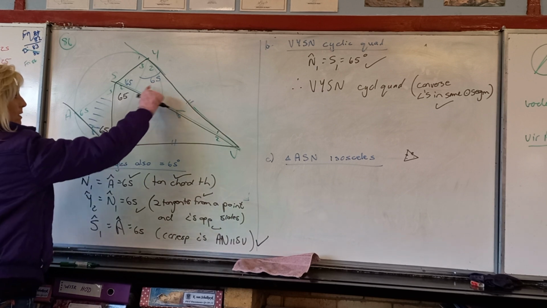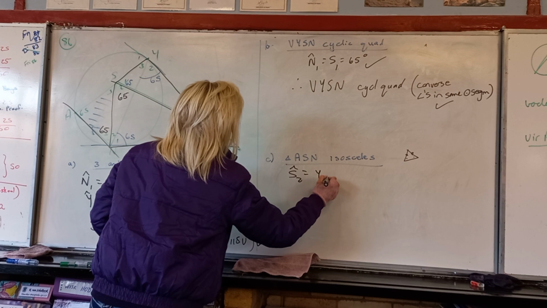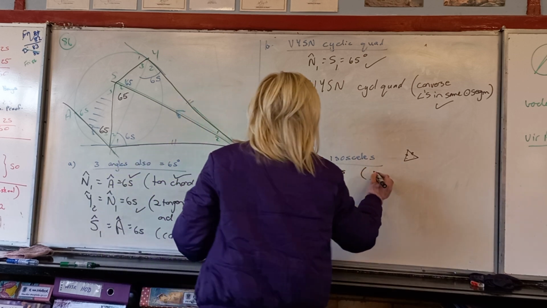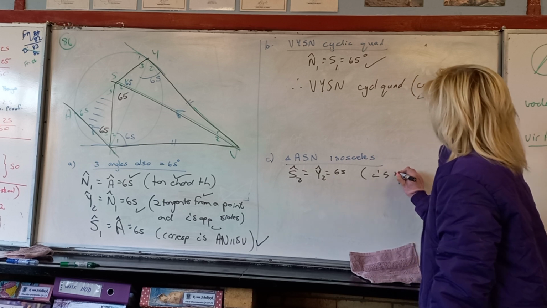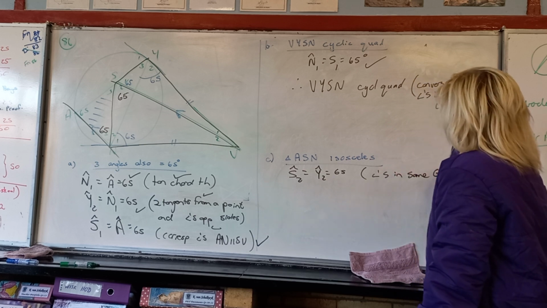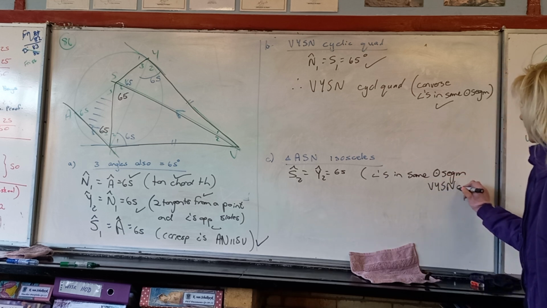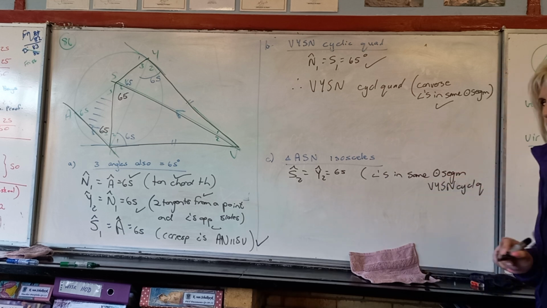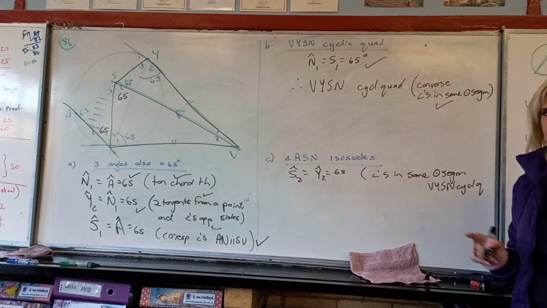Because it's a cyclic quad, then S2 would be the same as Y2, angles in the same circle segment, because I now know that VYSN is a cyclic quad. You don't have to write that there, I'm just adding it for yourself. Because I know this, that's why I could say 65.